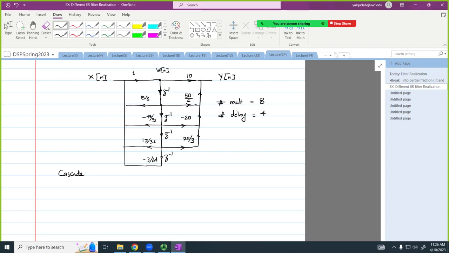Okay. For the cascade form, we need to find the roots.